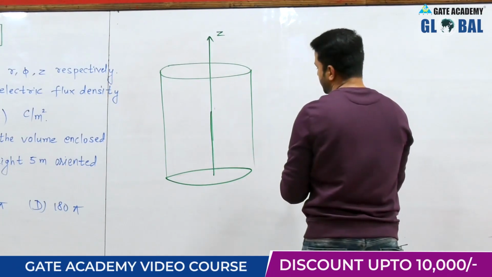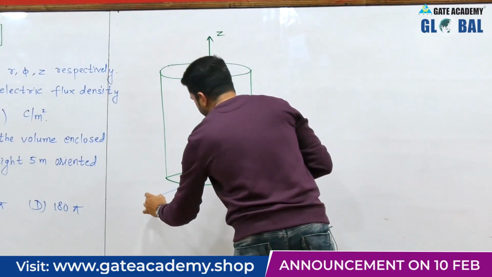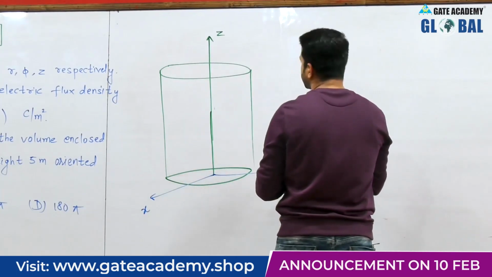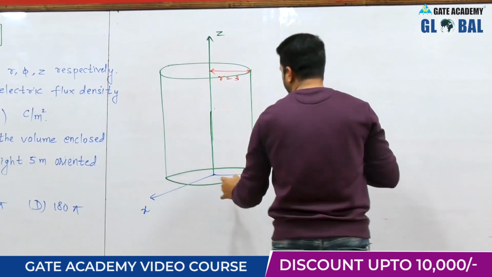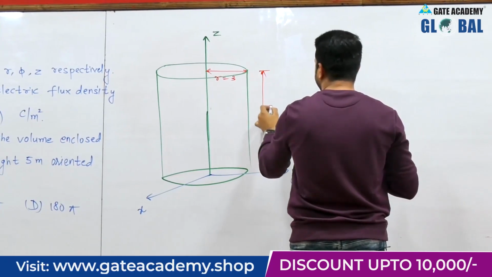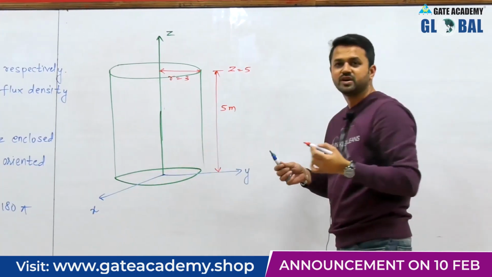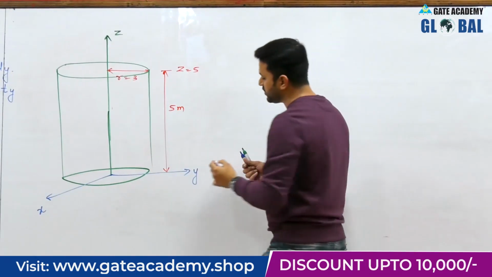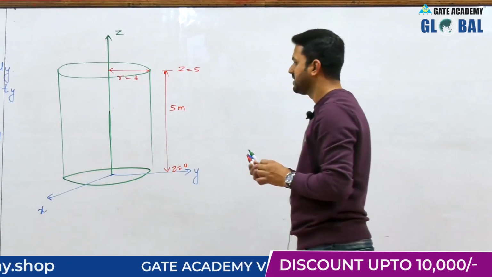The figure will be like this, and this is the y-axis and this would be the x-axis. The radius of this cylinder is 3 and the height is 5. So z is 5, because it is starting from 0, because its base is at 0. So z equals 0 to 5. The total height is 5.